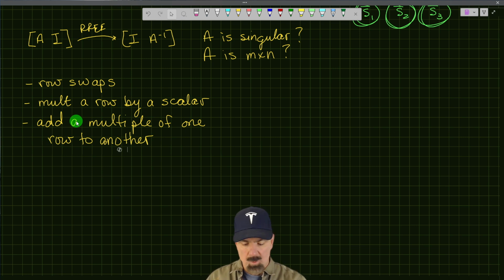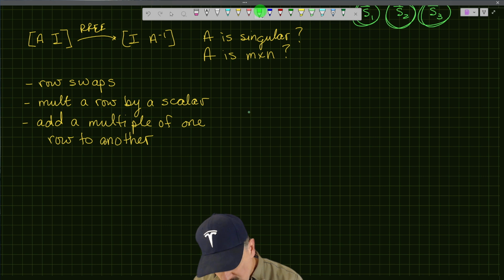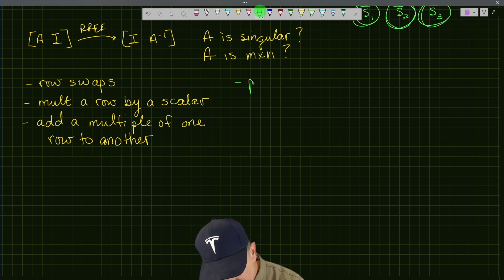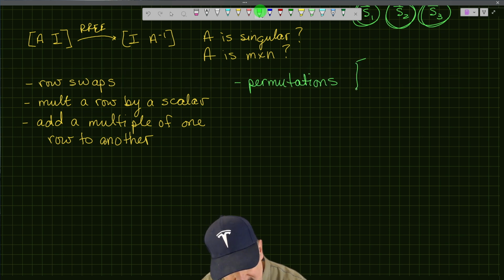What I want to do is remind you a little bit about how this works with the matrices. We talked a lot about the elementary matrices. Strang references this heavily in chapter 2. So let's go back and think about, how did we do row swaps with a matrix? We used permutation matrices, right? So these were permutations. And if you remember, what we did is we started with the identity matrix, and for all of my examples, I'll use the 3x3 identity matrix.